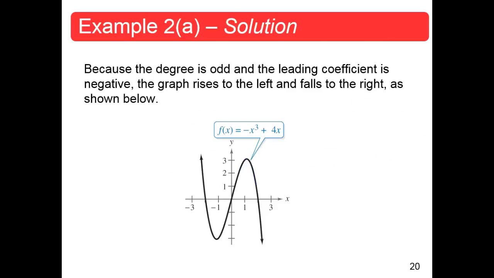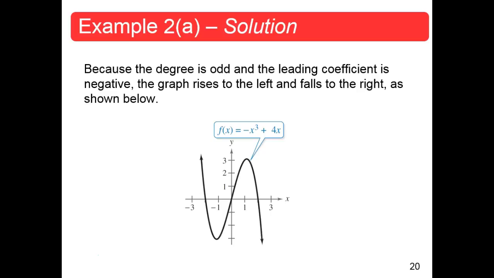Then you know that they're going in opposite directions, and because the leading coefficient is negative, it's opposite what you would think. A negative x is going to be a positive y, a positive x is going to be a negative y. Okay? Because the degree is odd, they're going in opposite directions, the leading coefficient is negative, they're going in the opposite direction from what you would expect. Okay? There you have it.